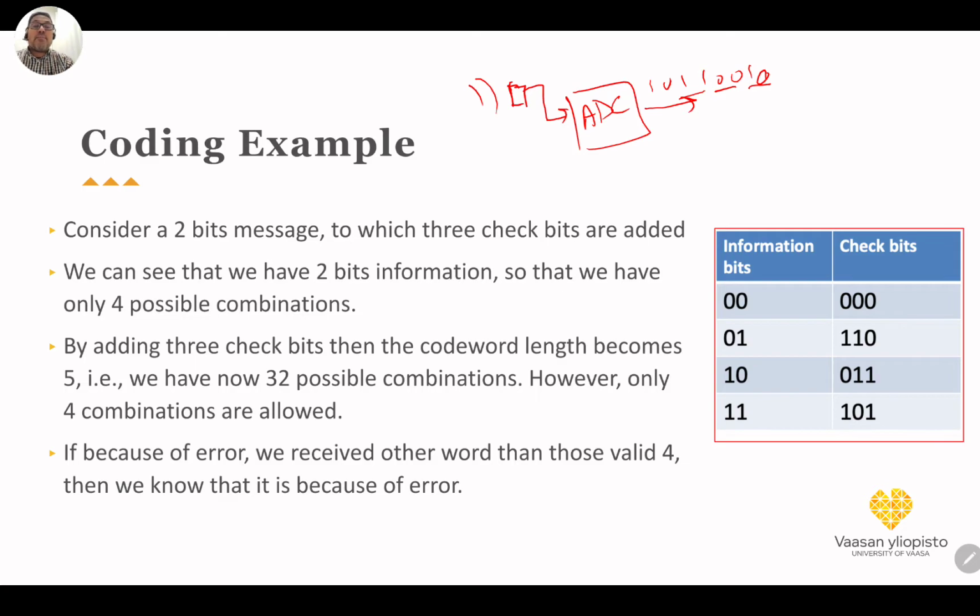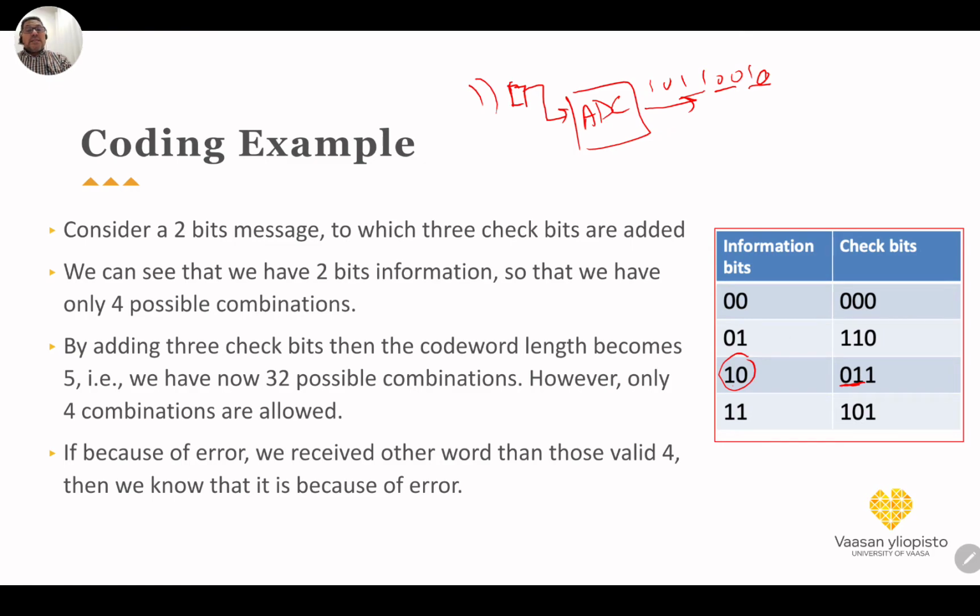But we don't send them directly. So we have, for example, 1, 0, and we add the check parity 0, 1, 1. Those three bits are check bits, or parity bits. They don't carry the original message, but they have been added to increase the reliability of the transmission.